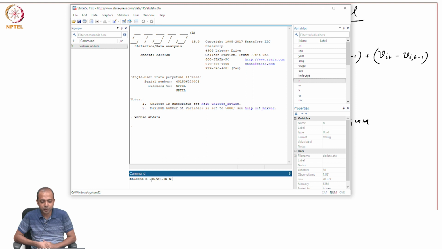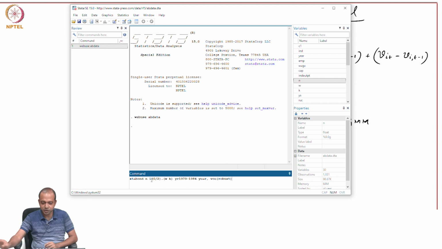That means lag of employment is the only endogenous variable, and wage and capital both are exogenous variables in this setup. And then we are taking year 1979 to 1984, and we are taking year also as a separate explanatory variable, and then we are putting the vce robust option. So this is basically Arellano-Bond's 1991 difference GMM model that we are estimating.